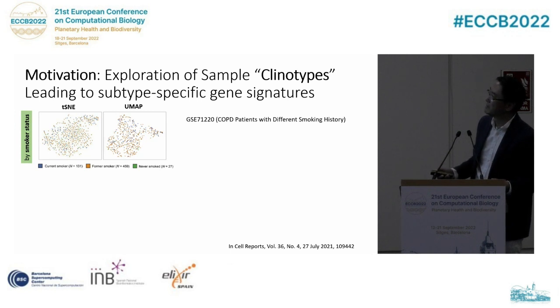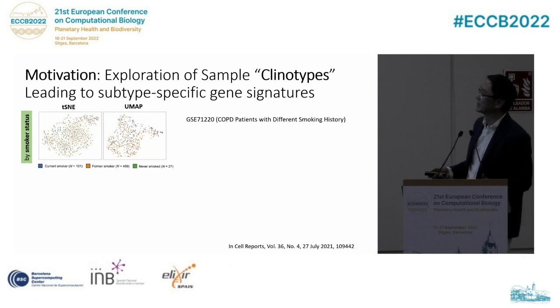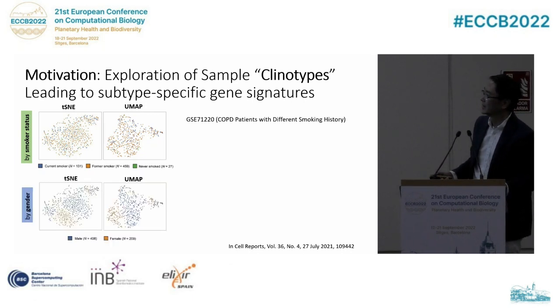If you look at the embedding and the clinical subtypes called never smoker and few smoker, they're all over the place. You really cannot sort them out in the embedding. But they did try different clinical information, which we call clinotype, and then you can see that roughly the samples can be grouped.